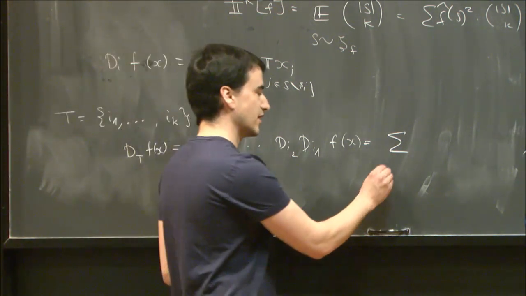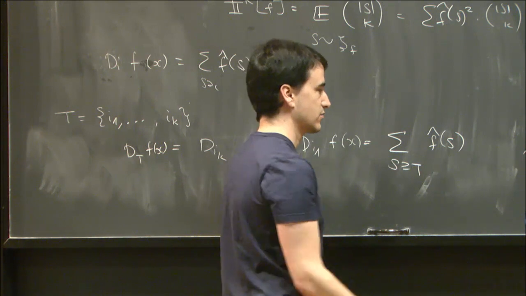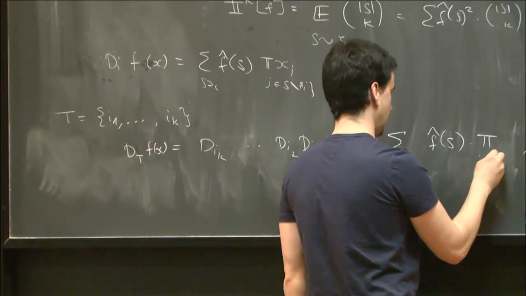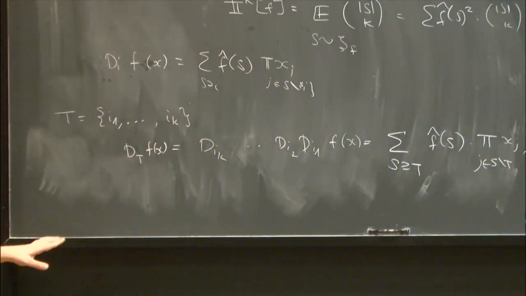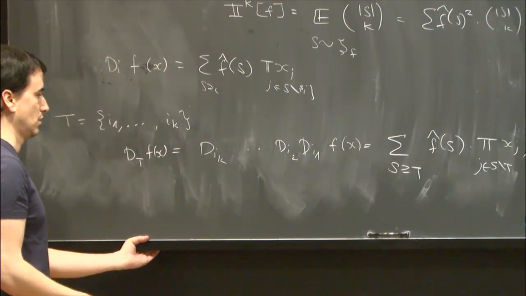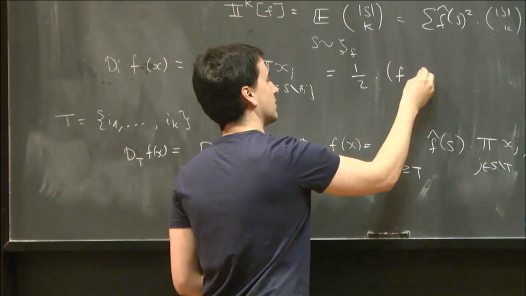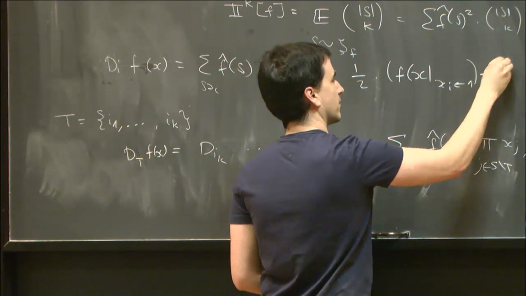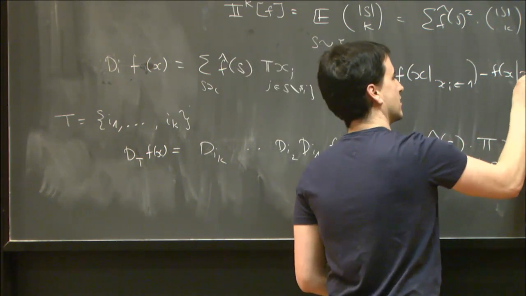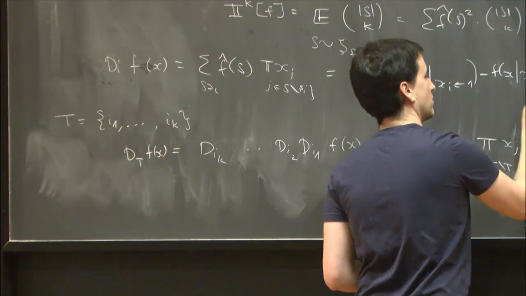So in the end, we have all the sets that contain T. So I have this coefficient times everything in S minus T. And another way to write this thing is half times f of x when we plug in xi equals 1, minus f of x when we plug in xi equals minus 1. This was another way to write it.